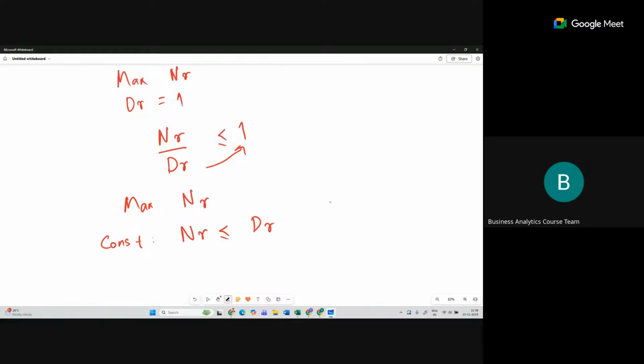So now you will have only this thing on the objective function. You're maximizing only the numerator. What happened to the denominator? You have set the denominator equal to 1. And you have also placed the constraint saying that numerator is less than or equal to denominator. Is it fine? Yes, sir. Okay.